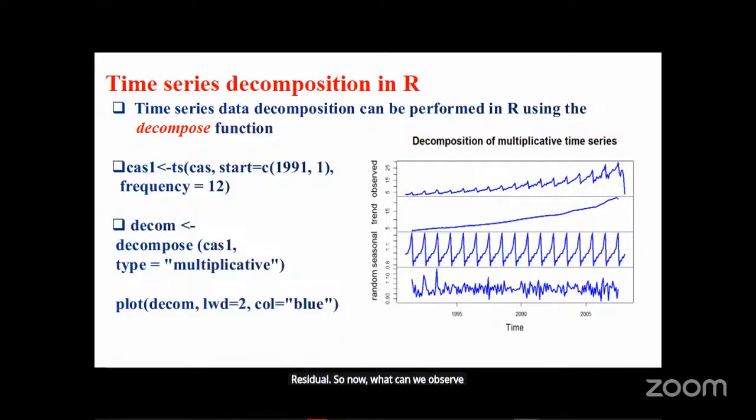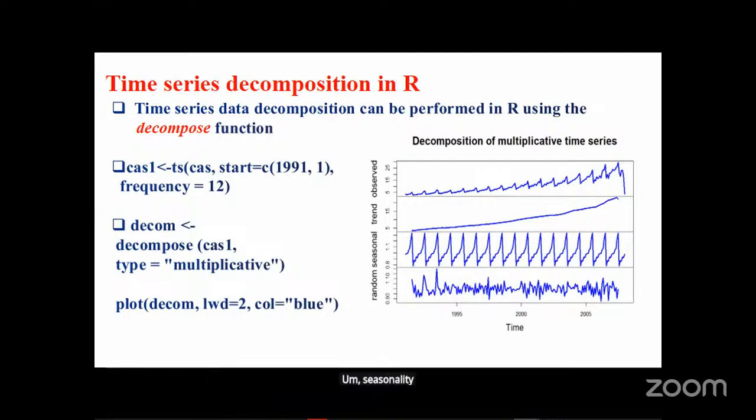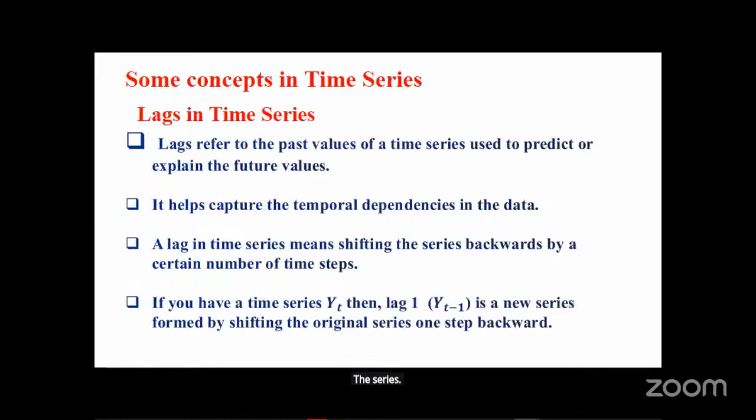So now what can we observe based on this decomposition? One of the first things we can see clearly is that there's an upward trend, so there's an upward trend in sales of anti-diabetic drugs. Then also, can we see seasonality? At least we see a regular repeated pattern at some point. And then we also see the random part, which is the remaining part of the series.